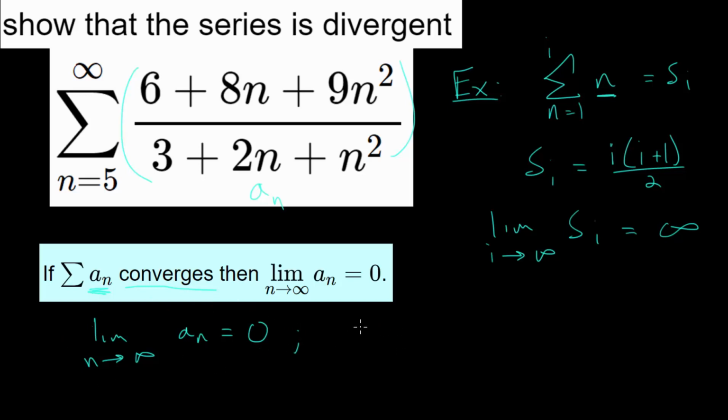For instance, the sum of 1 over n as n starts at 1 and goes towards infinity is the harmonic series, and it is divergent, even though these terms do get smaller and smaller. They do approach 0 as n approaches infinity, but this will still diverge.